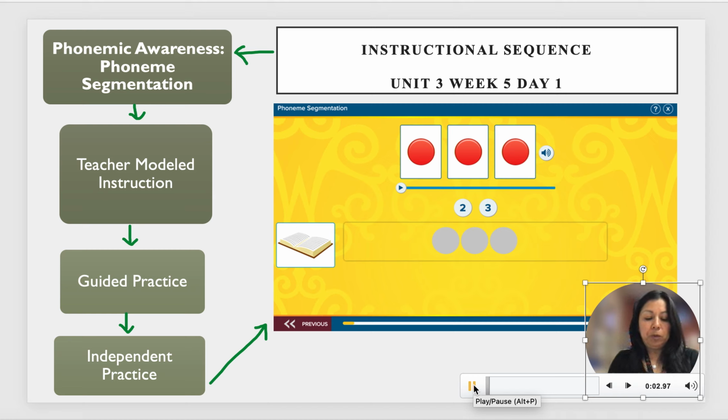This is Unit 3, Week 5, Day 1 of my chunked lesson for this unit. This instructional sequence begins with phonemic awareness, which is the first foundational skill used to teach and support struggling readers, which is phoneme segmentation. This skill teaches students to identify and separate sounds.